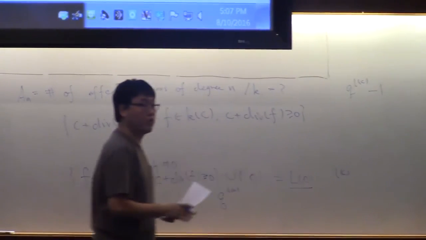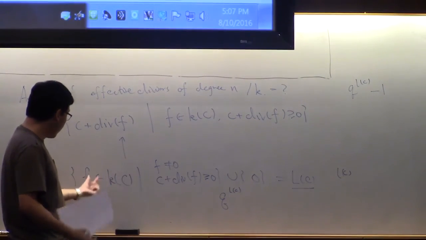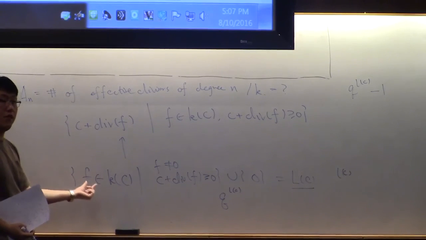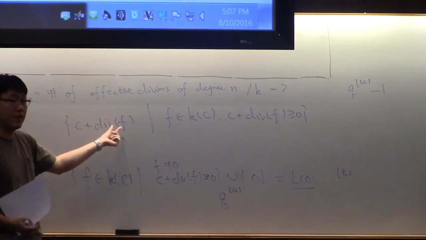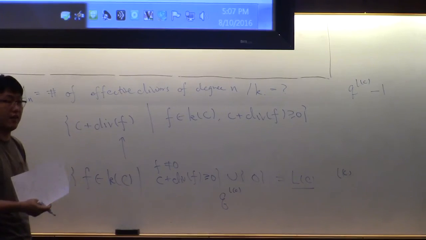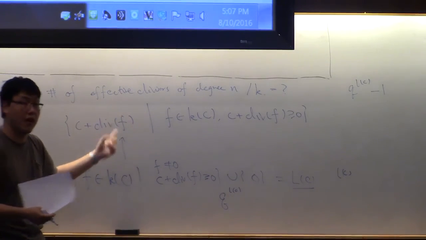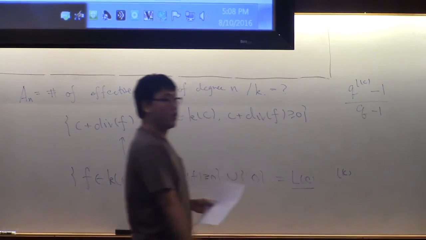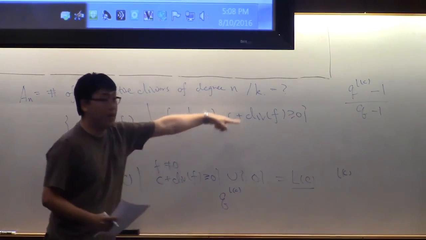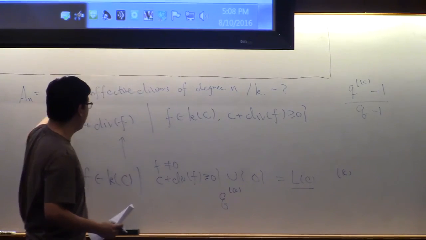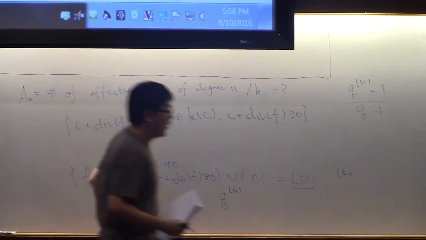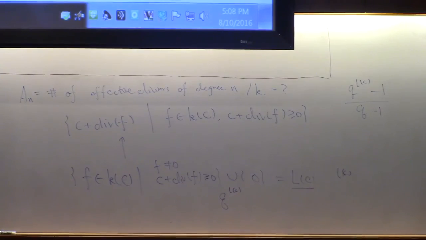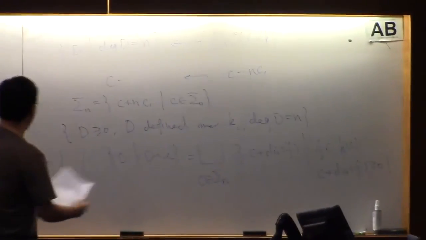First, you need to remove the 0 function, but it is possible that two different functions will give you the same div. Namely, if they differ by a scalar, then they give you the same principal divisor. So you need to divide it by q minus 1. That's the number of elements in this set. So that's also the cardinality of this set. And then we take the sum, we get the number of effective divisors of degree n.